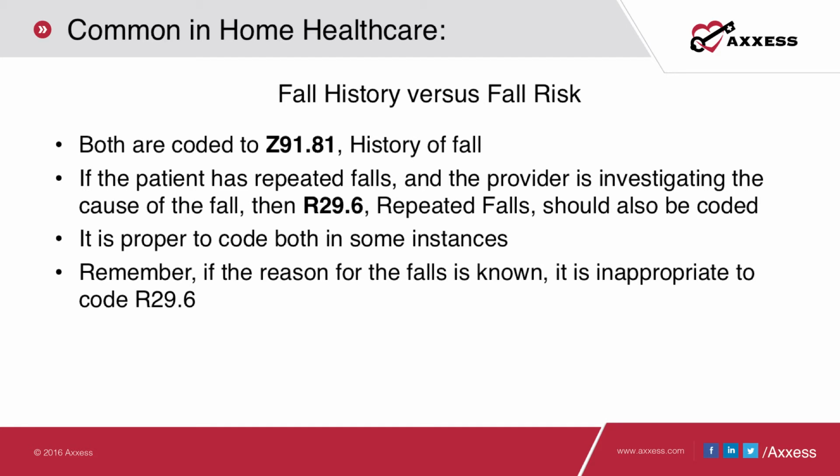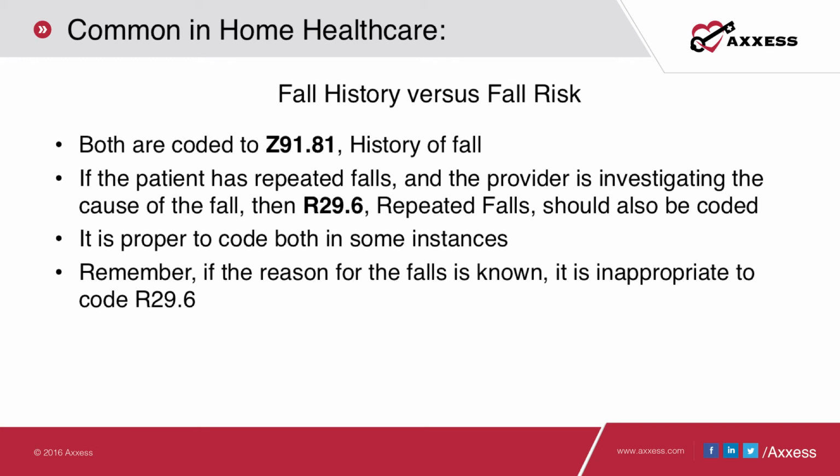And then we're going to talk about fall history versus fall risk. Both of these are coded to Z91.81 History of Falls, and this is a Z code that we use all the time in home health. It translates directly to the ICD-9 code, which was V15.11, and the guidance in that section told us to use that code for both the history of and the risk of falls, and that same guidance translated into ICD-10 with the use of Z91.81.